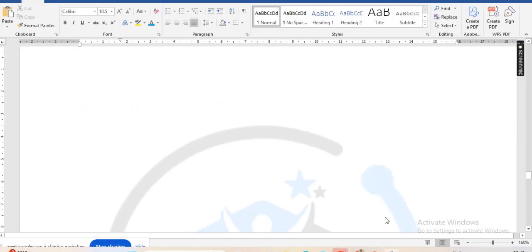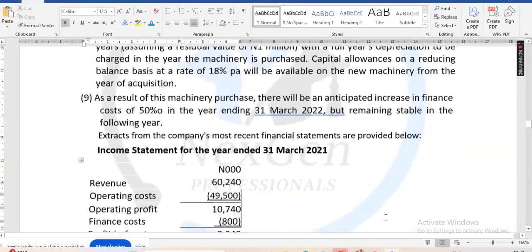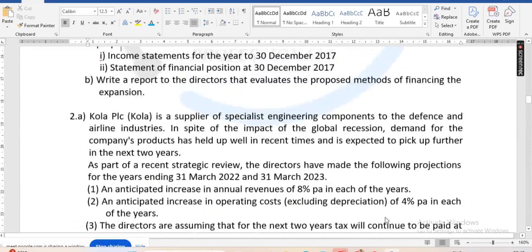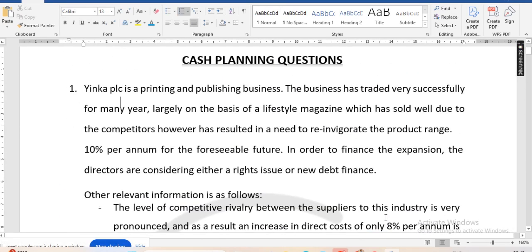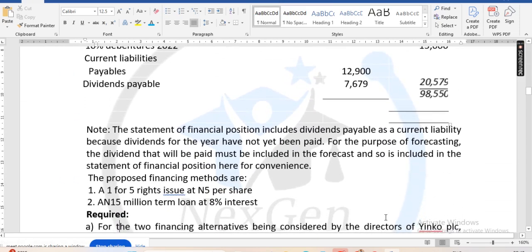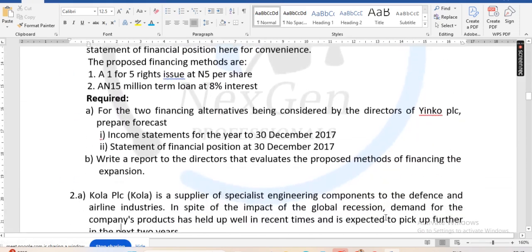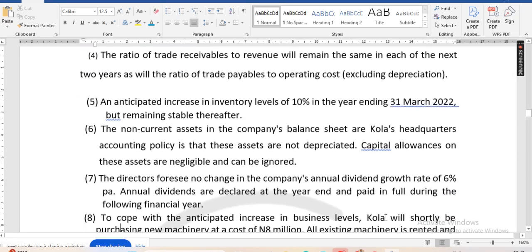Now, illustration one. I have two questions here. The two questions are adopted from ACCA and ICAN questions, right? Please don't joke with all these questions. Most particularly my questions, they are very important. I'm not a prophet, but when I give you something to do, please ensure you do it.